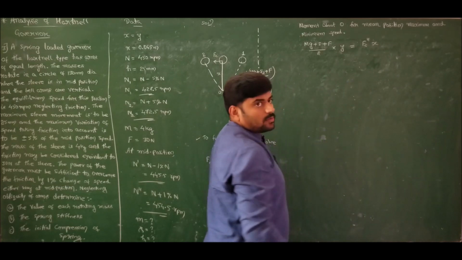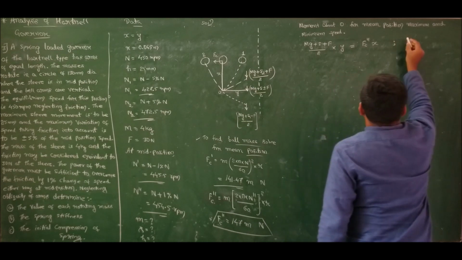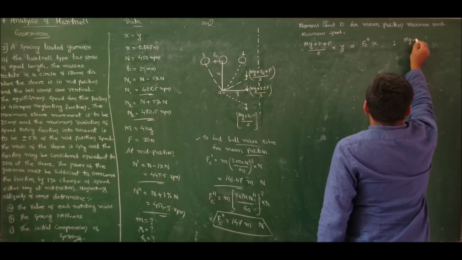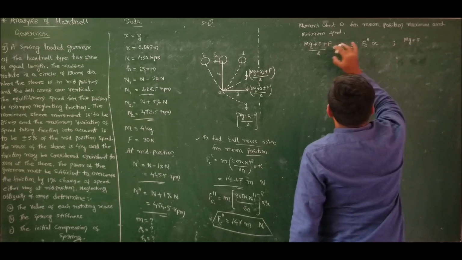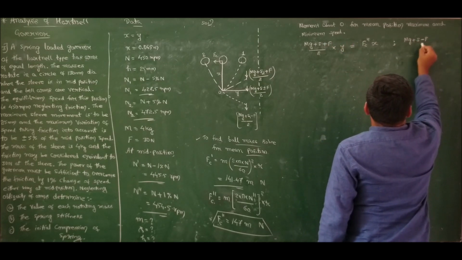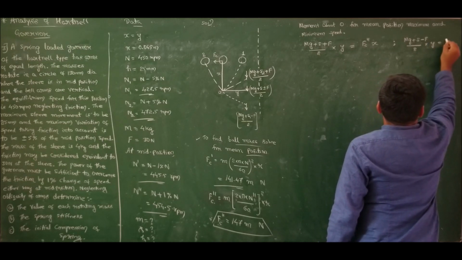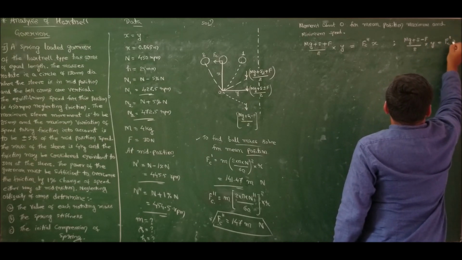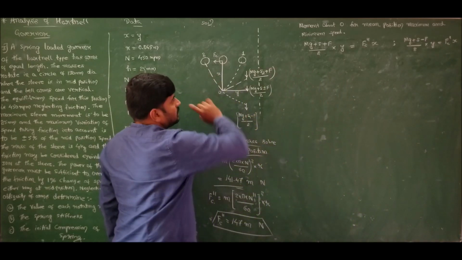This is for the maximum position. And for the minimum position, you will get Mg plus S minus F for minimum position into y. This must be equal to Fc dash into x, because one is causing clockwise and one is causing counterclockwise movement.